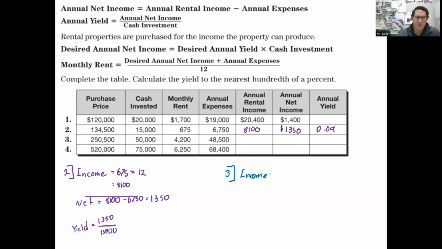Last example we'll do here. So the cash invested is 50,000. The monthly rent is 4,200. So 4,200 times 12. That is an expensive rental. That is 50,400.